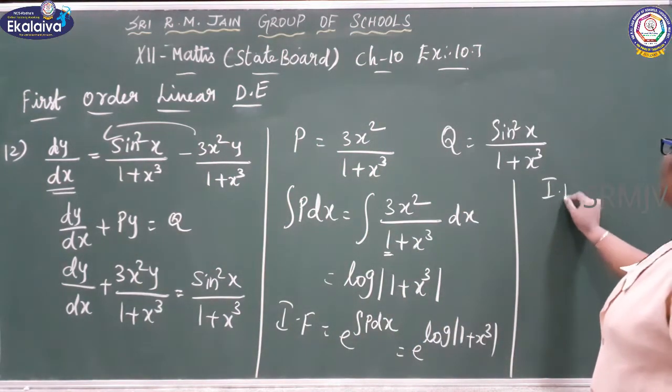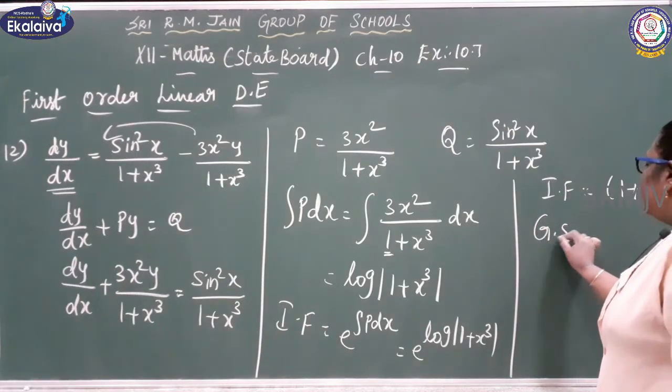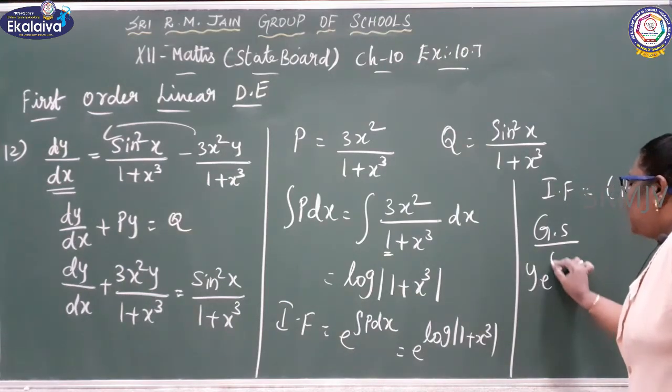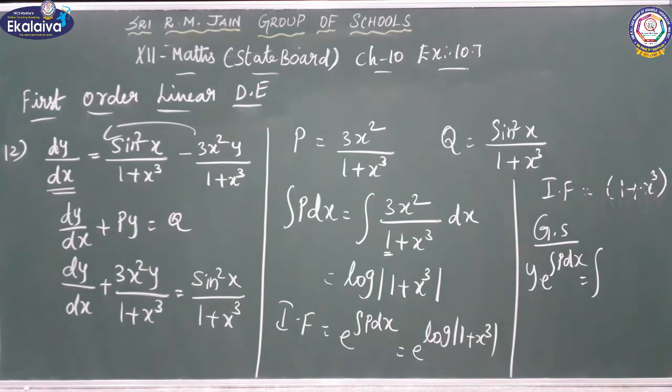So integrating factor equal to 1 plus x cube. General solution: y into integrating factor e power integral p dx equal to integral q into integrating factor dx plus c.